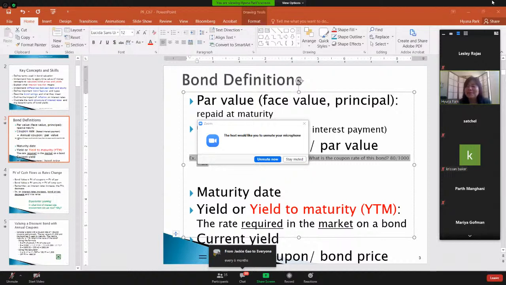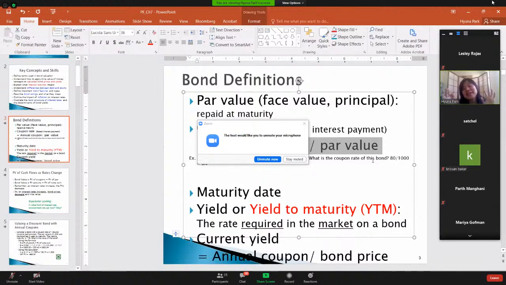Because the definition of the coupon rate is annual coupon divided by par value, because coupon rate is a quoted rate and it should show annual rate. Every 6 months, you get $40. That means you get $80 per year.